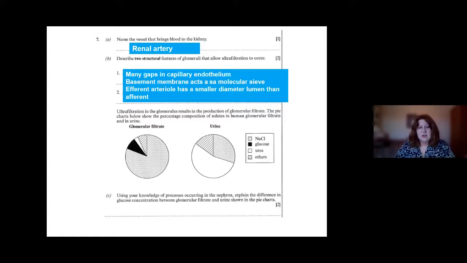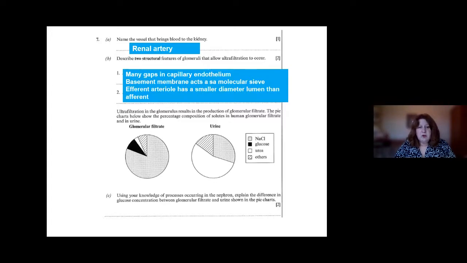And then this question at the bottom: ultrafiltration in the glomerulus results in the production of glomerular filtrate, as I've said. The pie charts below show the percentage composition of solutes in human glomerular filtrate and in urine. We can see the pie charts there, and there's the key.